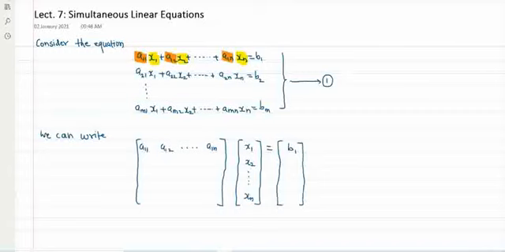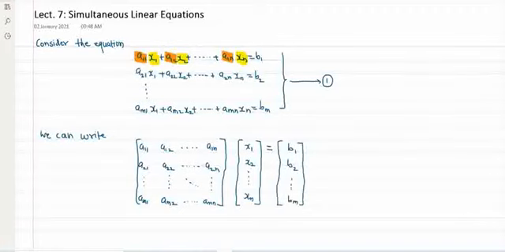Second equation, a21, a22, continue, a2n, b2. Is it right? Now continue, the last one, am1, am2, dot dot dot, amn is equal to, the last one is bm.